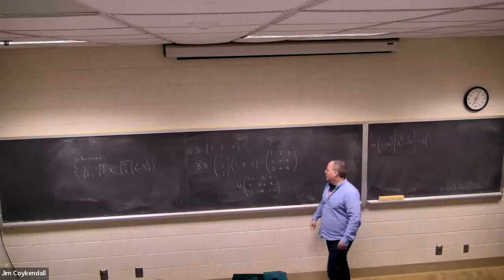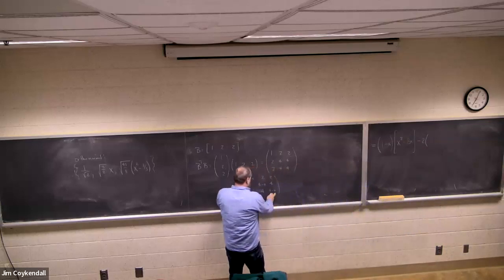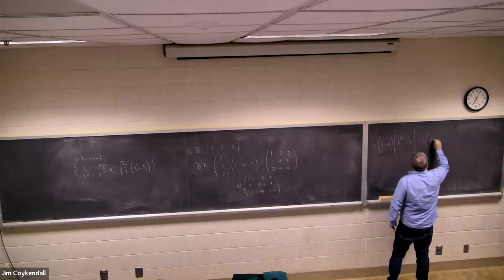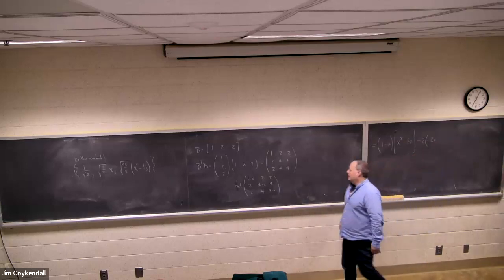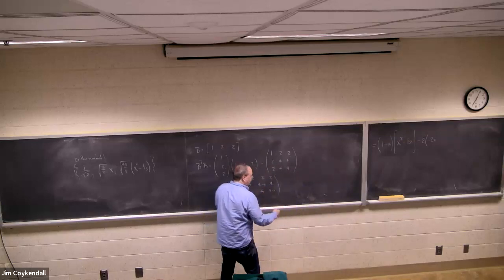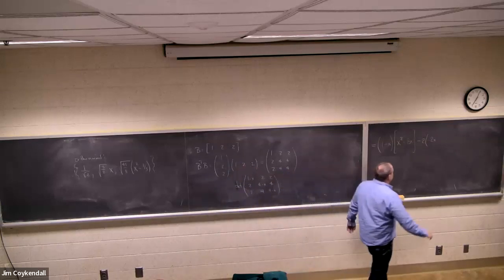I get minus 2 times this determinant. Let's see, I'm going to get a minus 2x from that. So I get a minus 2x by multiplying these two. What else do I get? I got 8 minus 8, which is 0. That's nice.